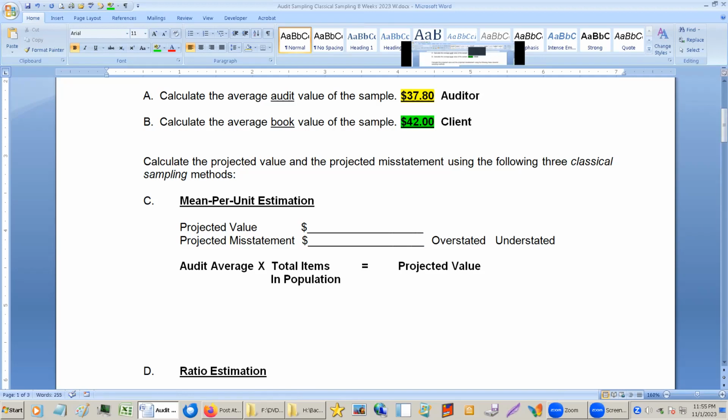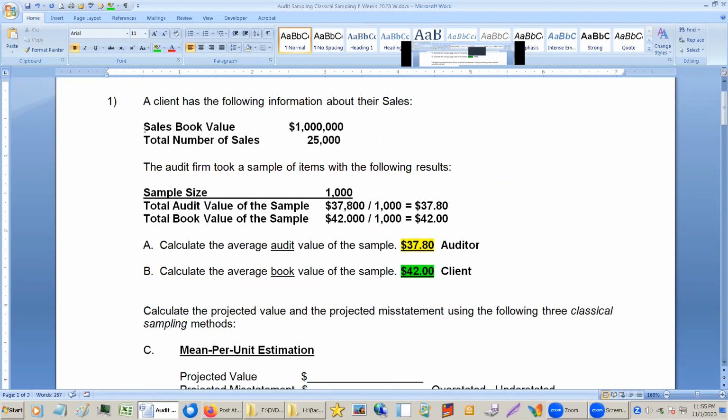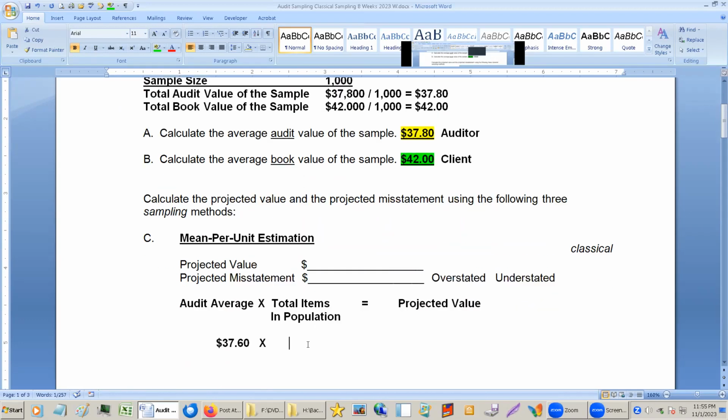So the audit average is 37.80, and we're saying that every item in that total population, so the number of sales here was 25,000, should be worth 37.80. And that will equal our projected value.